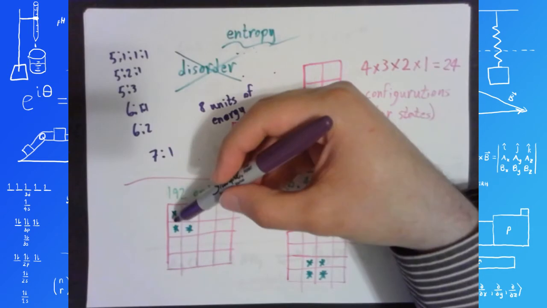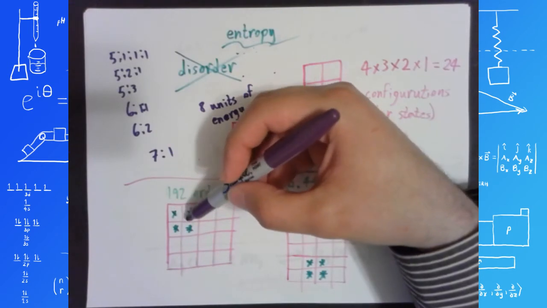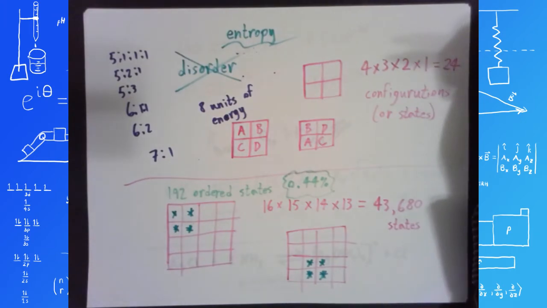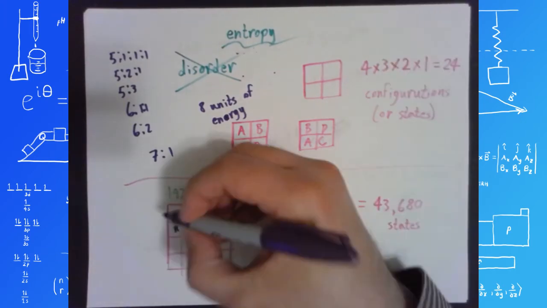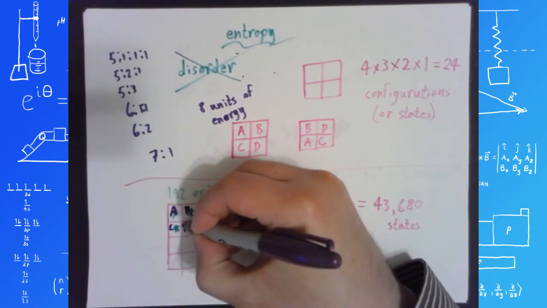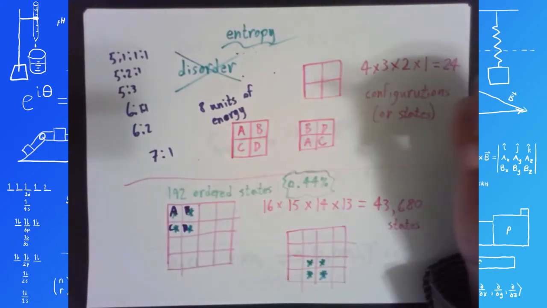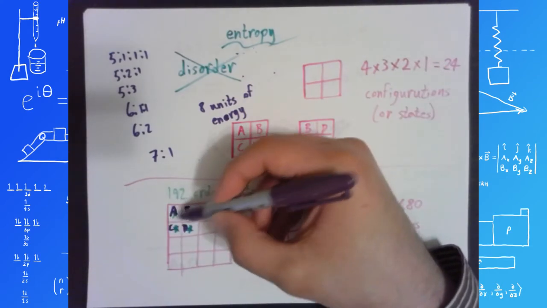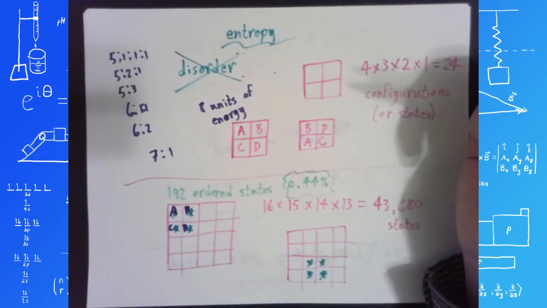So, all four particles being in the top left corner of this 4x4 grid would be considered a microstate. Actually, to be more specific, if I had A in here and B in here and C in here and D in here, that's a microstate. If I swap any two of these particles' positions, that's another microstate.